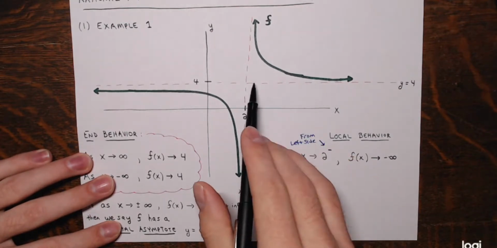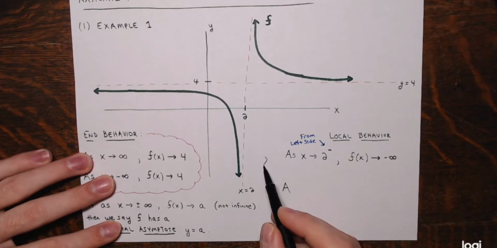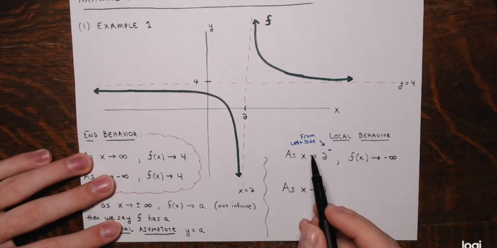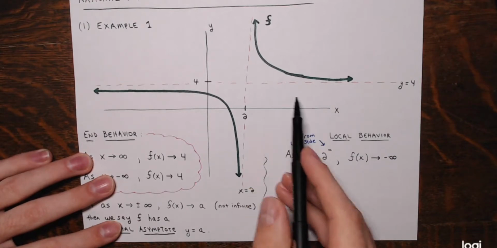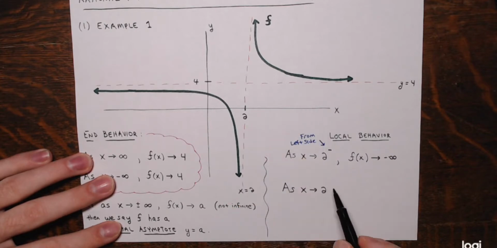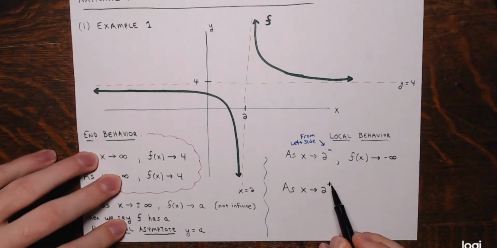Alright, then on the right side of x equals 2, let me separate this. As x approaches 2, now to say from the right side or from above, plugging in values greater than 2, you put a little plus sign up here in the superscript above 2.